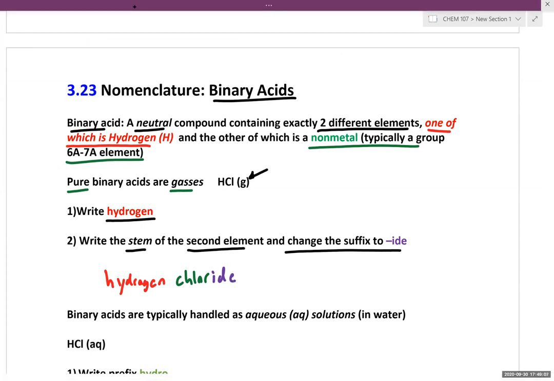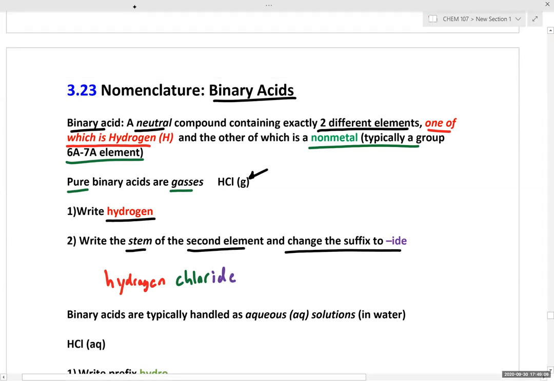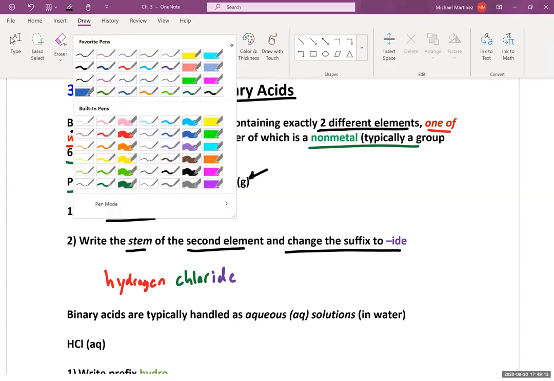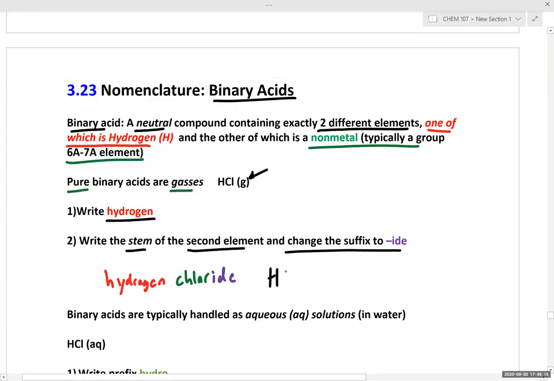So this would be hydrogen chloride, which is describing HCl in the gas phase, okay?